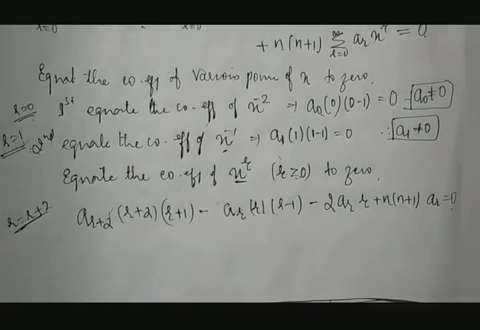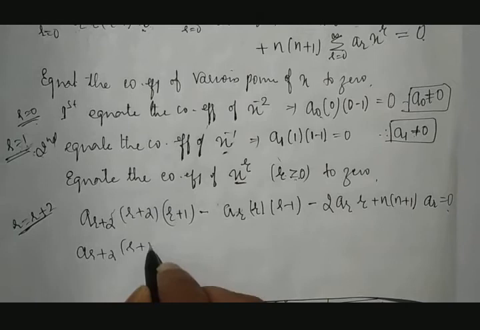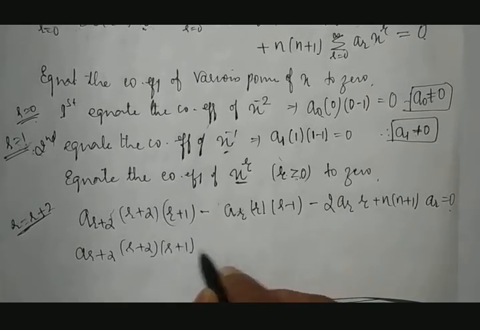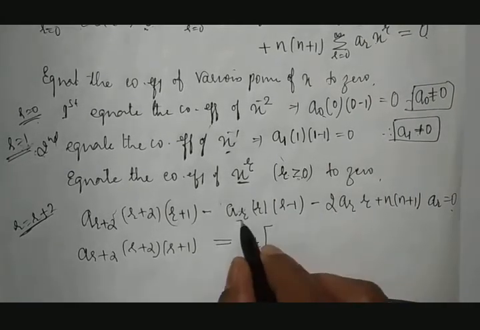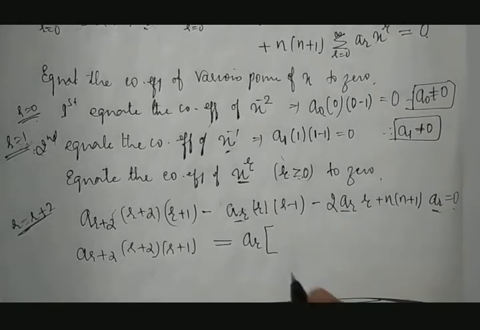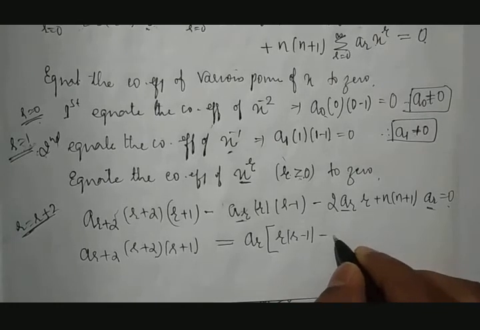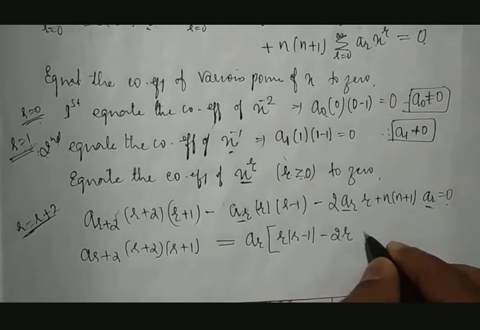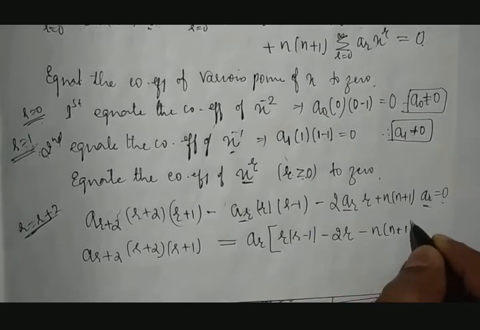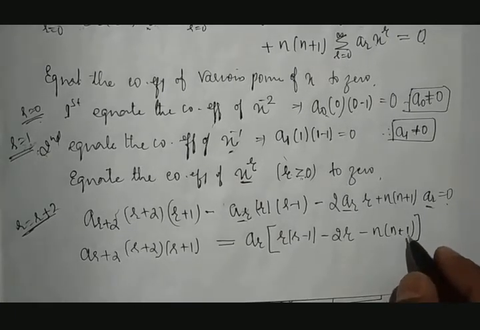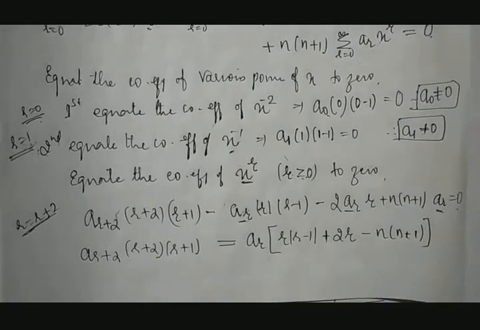Therefore, as per the calculation, it will be a(r+2) into r plus 2 into r plus 1 is equal to this. Everything will be sent to the other end by taking ar common. Then what remains? r into r minus 1 minus 2 times r minus n into n plus 1. Therefore, this will become plus now.